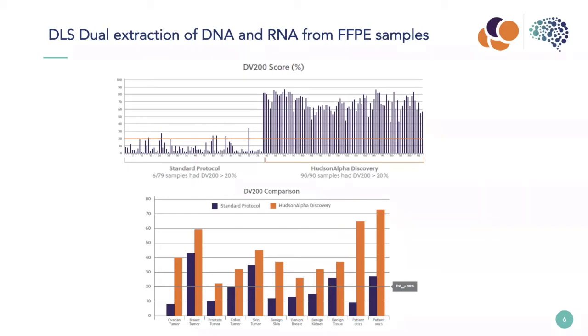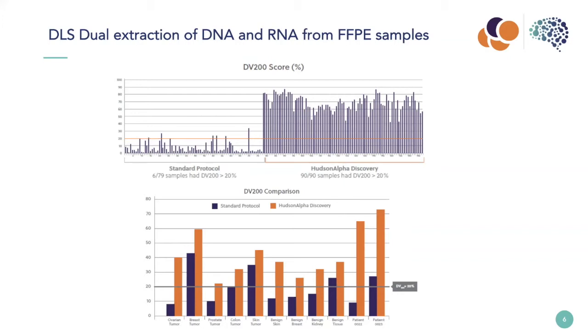And this has been reasonably reproducible, but there are a number of variables: sample processing time, embedding, essentially all of the tissue handling considerations that happen prior to the FFPE sample, and even the size of the block, how it's stored, the age of the block, all have some influence.